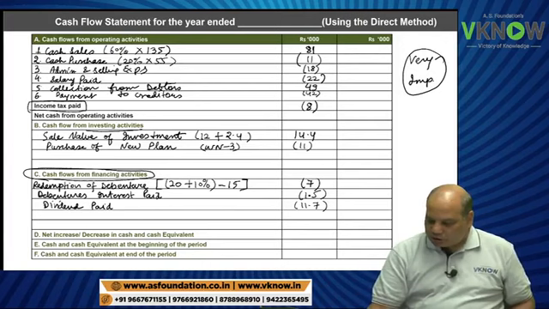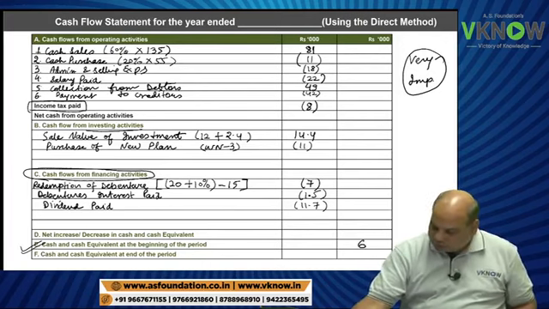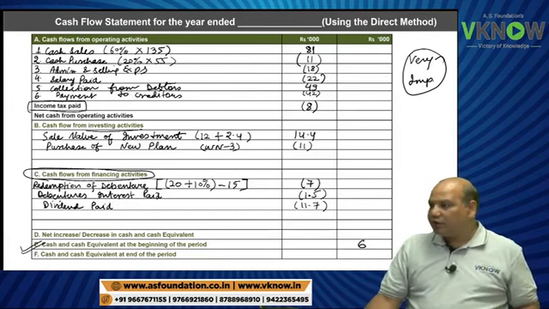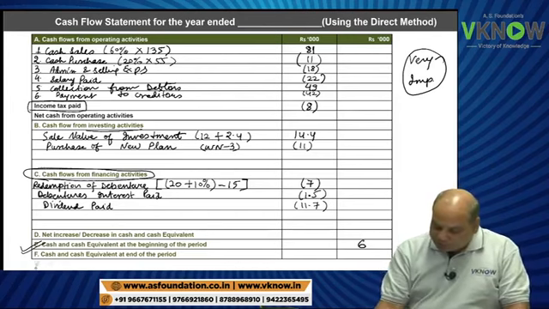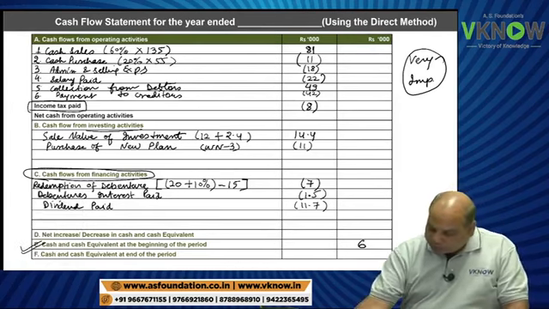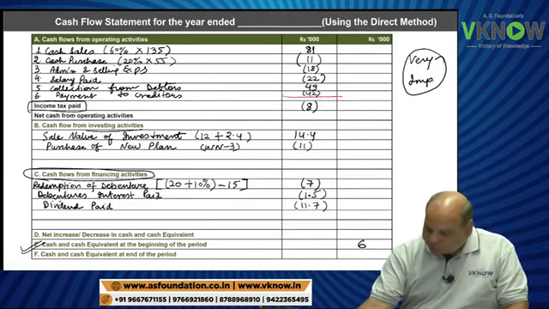Opening cash balance is given in the outer column 6, second last line. Now we will close this question.